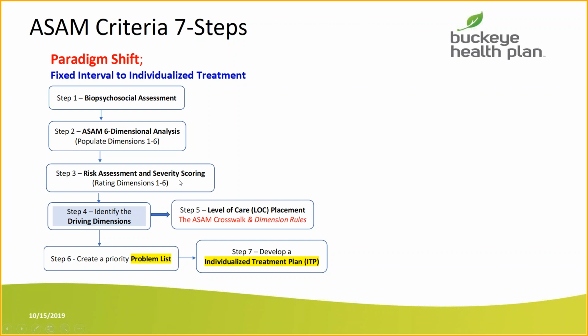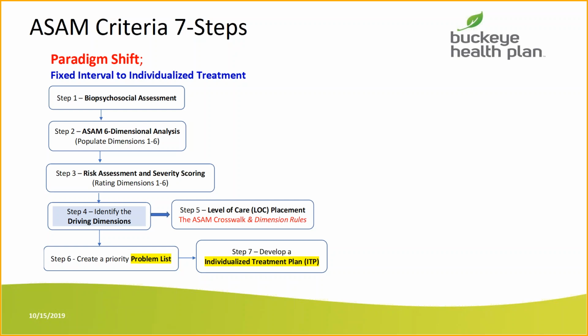So once you do your ASAM risk assessment and severity scoring, based on which of the 6 dimensions has the highest score, you will go to step 4 and identify those dimensions. Those are important dimensions. So if you have dimension scoring 3 and dimension scoring 4, obviously these are priority dimensions.